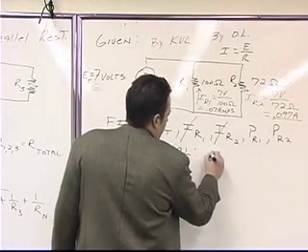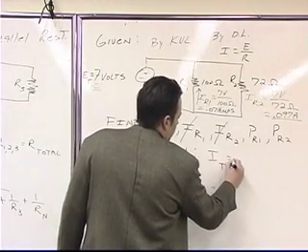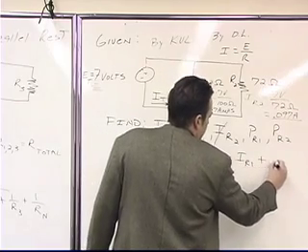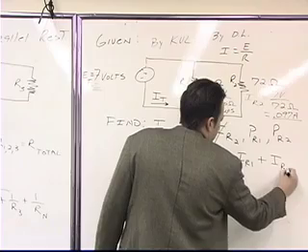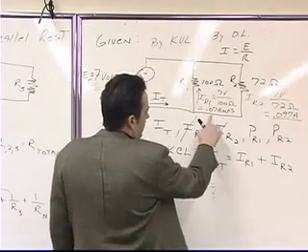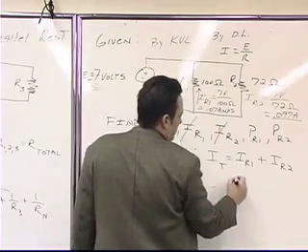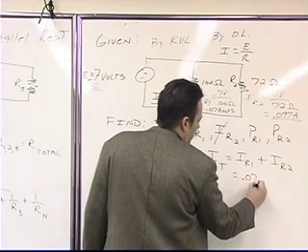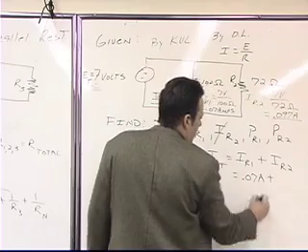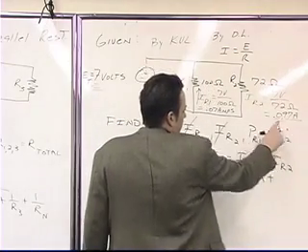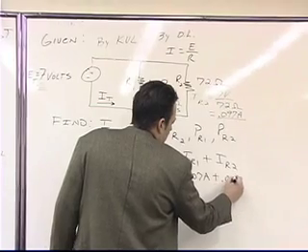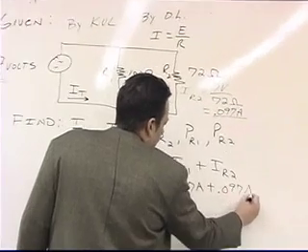it tells me that the total current is equal to the current in resistor 1 plus the current in resistor 2. Current in resistor 1 is 0.07. So that's equal to 0.07 amps plus the current in resistor 2, 0.097 amps.